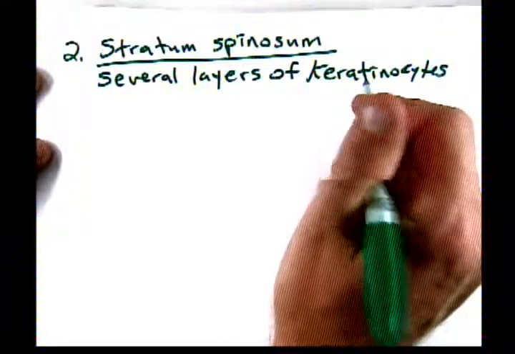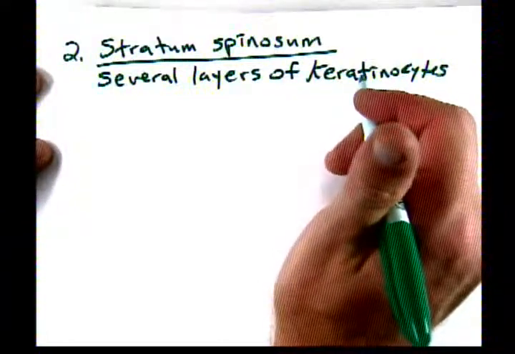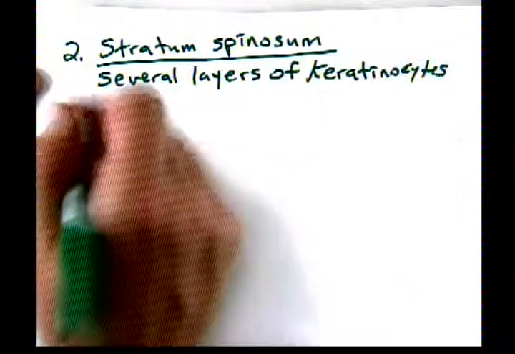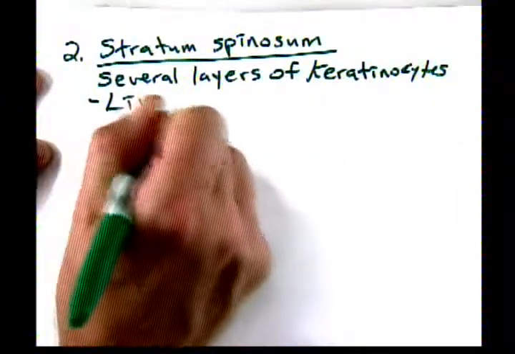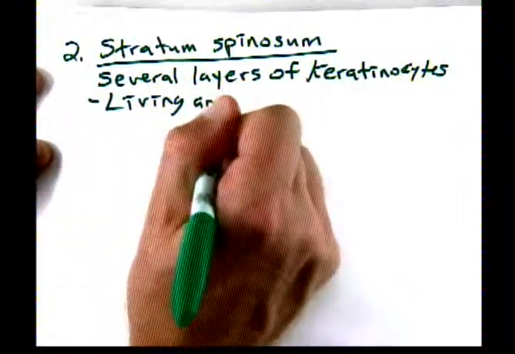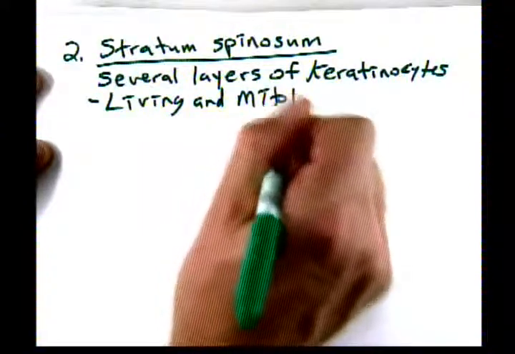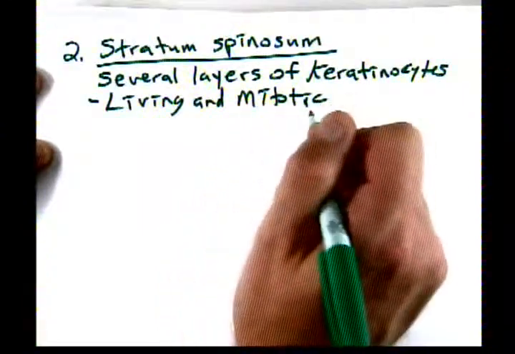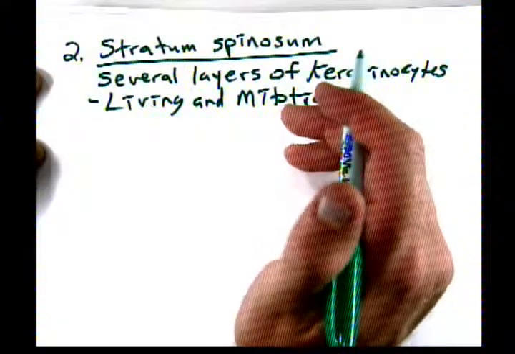Keratinocytes. And this layer is also living and mitotic. Okay, it's still alive, still dividing, because it's close to the dermis. All right, but that's what's referred to as the stratum spinosum. Okay, the stratum spinosum. All right.